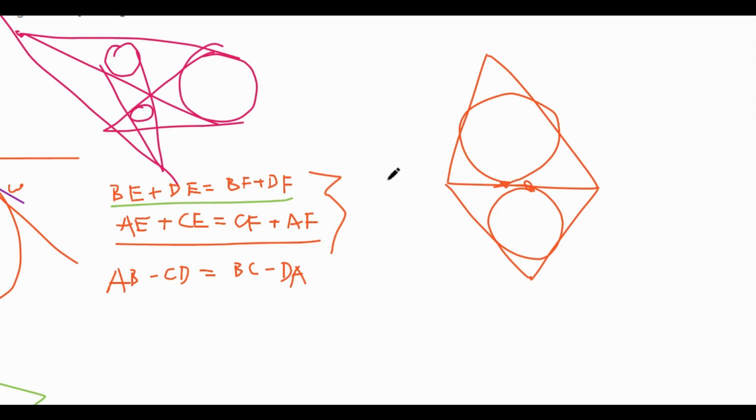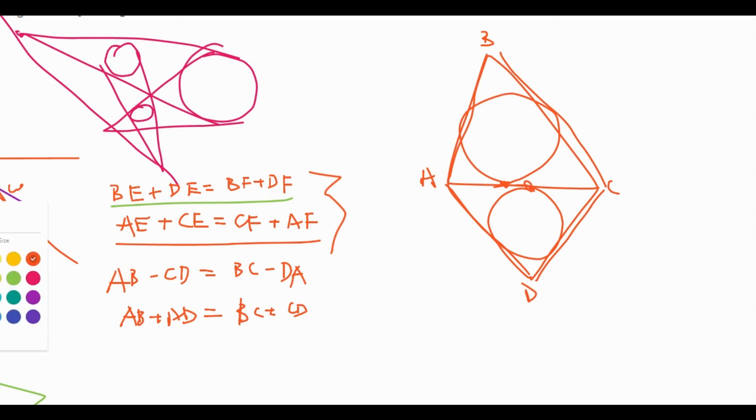So we have that AB minus CD is BC minus DA, which means that AB, let me label these, AB plus AD is equal to BC plus CD. So we have that this length plus this length is equal to this length plus this length. So now let's try to cancel out stuff from both sides of the equation again. So we have that these two segments are the same since they're both tangents. So we can cancel them out, as well as these two.